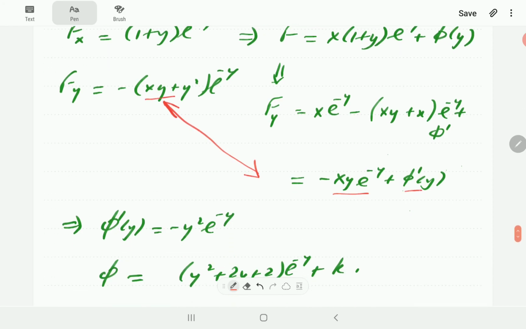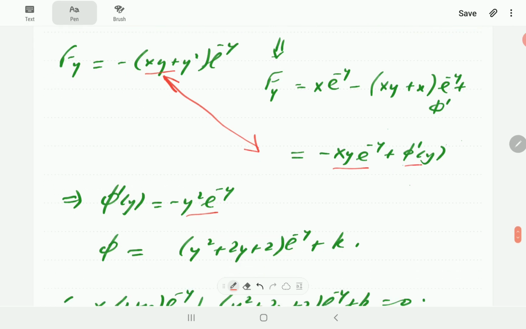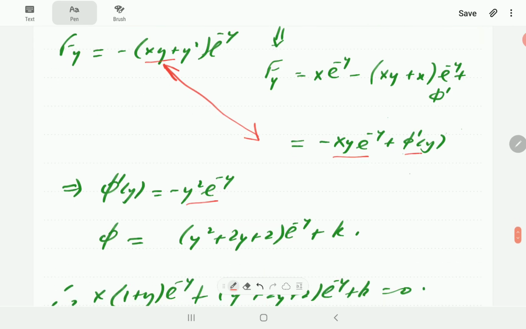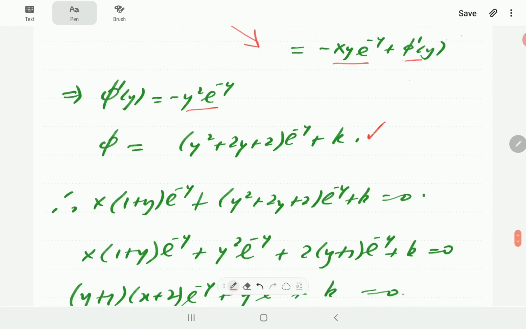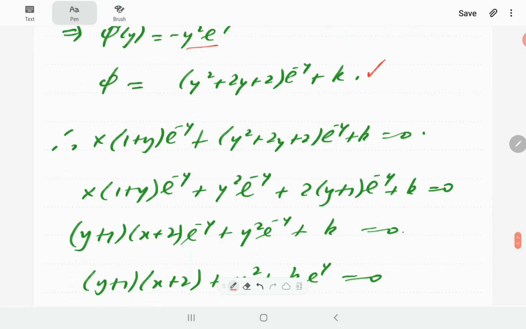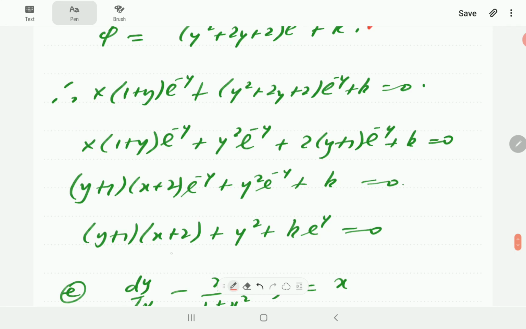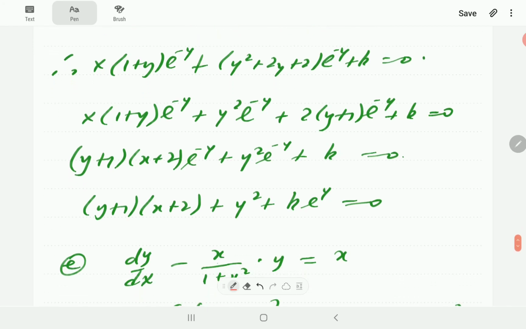So phi prime must be equal to this one. And then if we integrate this using tabular integration, we get that. We'll plug it in there.